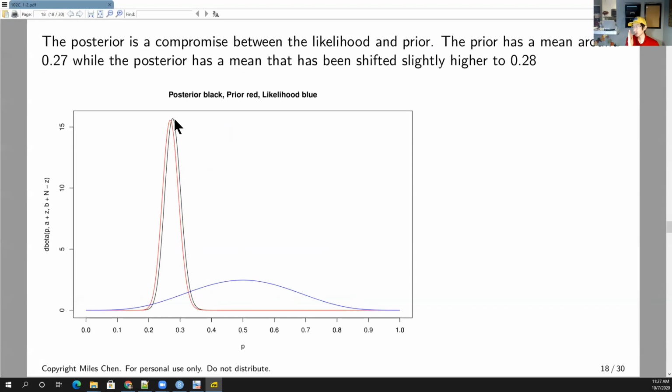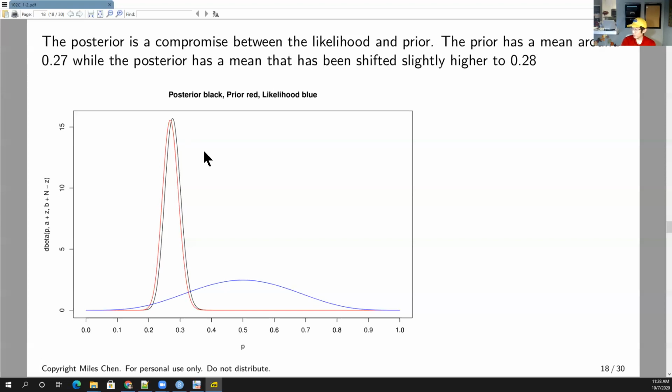Prior to looking at anything in the data, we had a mean of around 0.27. After seeing this very good performance of 5 hits out of 10 at-bats, equivalent to a batting average of 500, we adjust our posterior to be a little bit higher, with a mean of around 0.28. So it gets shifted a little bit to the right.